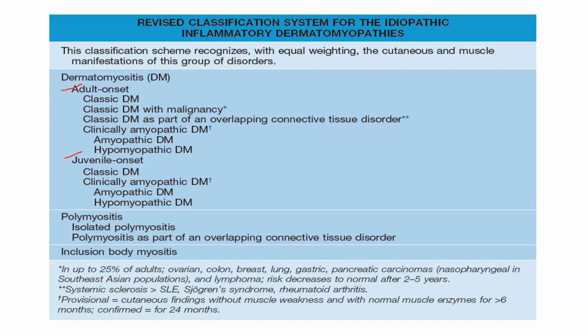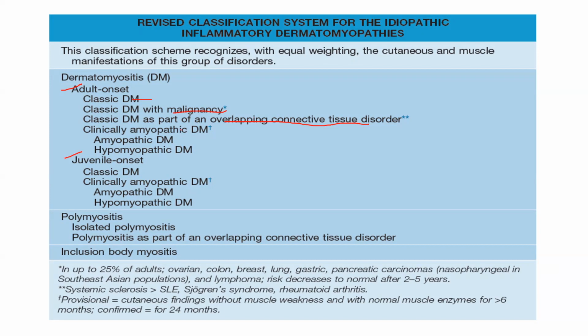Now the classical is the one where you have inflammation of both the muscle and a skin rash. Then we can also have the classic, but this time occurring concurrently with a malignancy. Or you can have classical dermatomyositis occurring with or overlapping another connective tissue disorder like systemic lupus erythematosus or any other systemic connective tissue disorder.